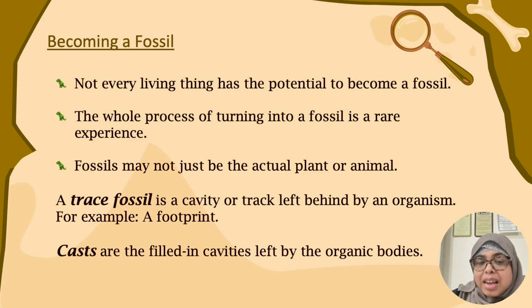Casts are the filled-in cavities left by the organic bodies. So wherever the living being might have died and sunk into the soil or the sand and then been covered up by sedimentation, and then the whole process of fossilization took place, that is called a cast. So these two terminologies are important. So make sure you've made a note of that.